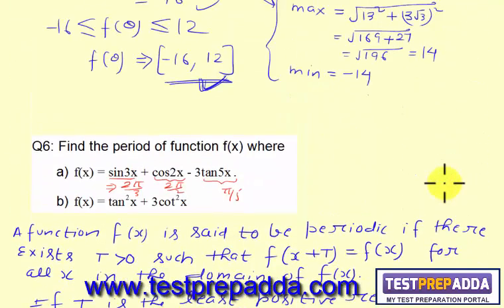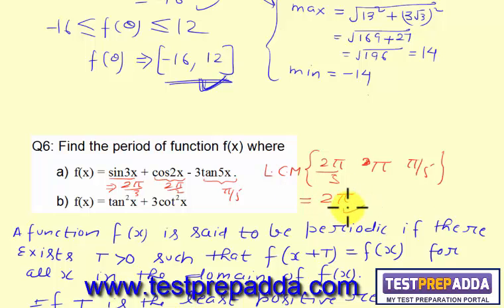So if I want to find the period of this f(x), I'll take the LCM of 2 pi by 3, 2 pi by 2 means pi, and pi by 5. And the LCM of this comes as 2 pi. So the period for this given f(x) will be 2 pi. Got it?